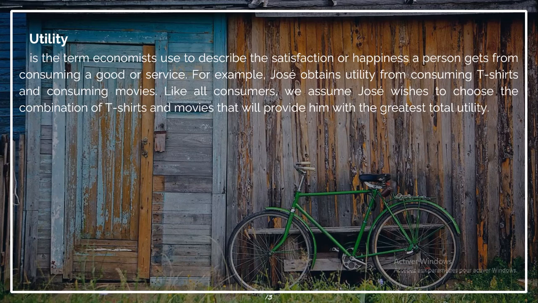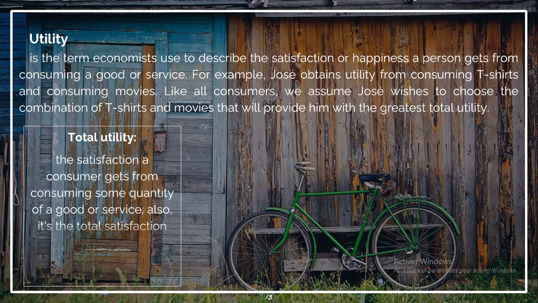Like all consumers, we assume Jose wishes to choose the combination of t-shirts and movies that will provide him with the greatest total utility. What do we mean by total utility? It is the satisfaction a consumer gets from consuming some quantity of a good or service. Also, it is the total satisfaction from consuming all the goods and services in individual purchases.